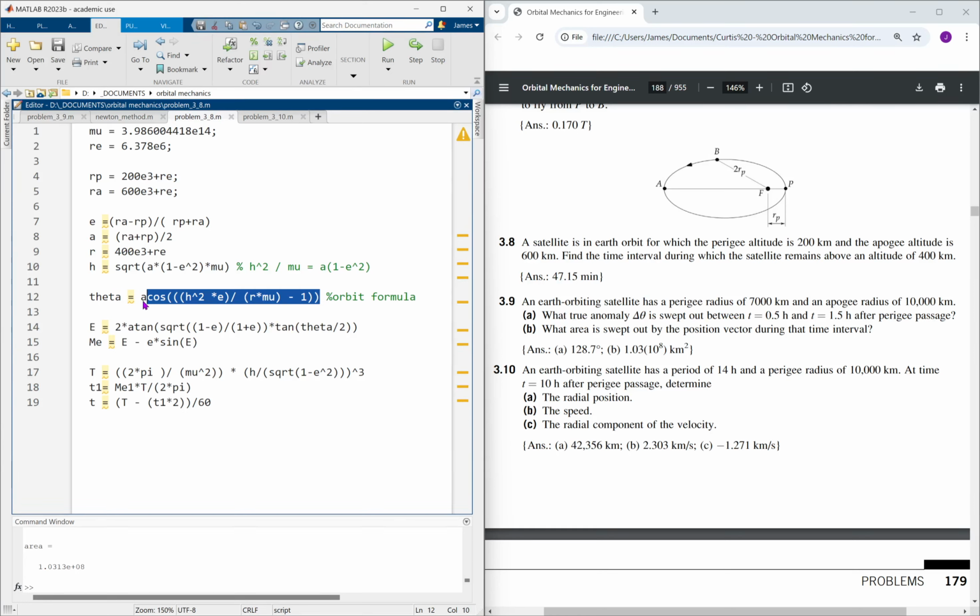That's the orbital formula. And then we can get E using this equation that we've been over in previous videos, and we can get ME after that.